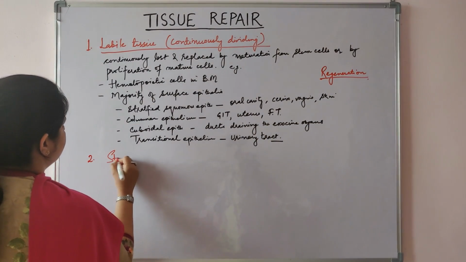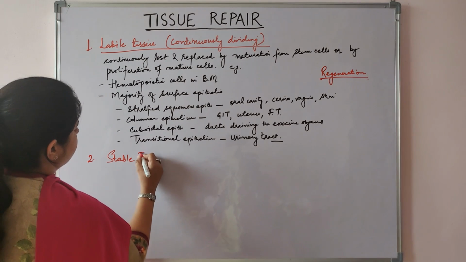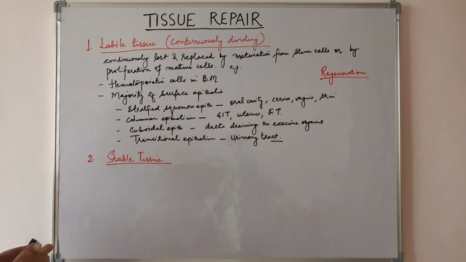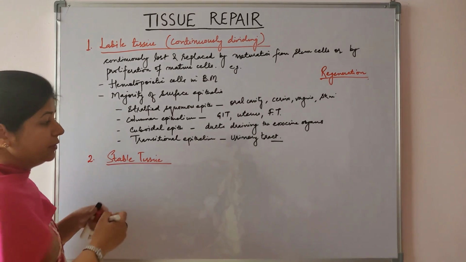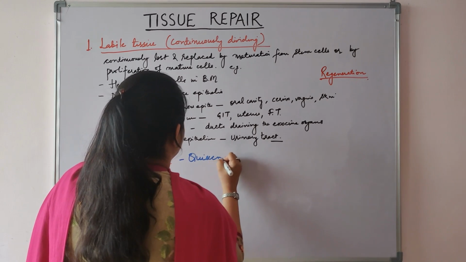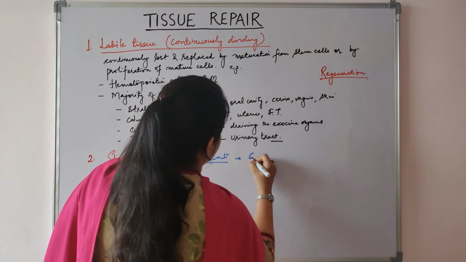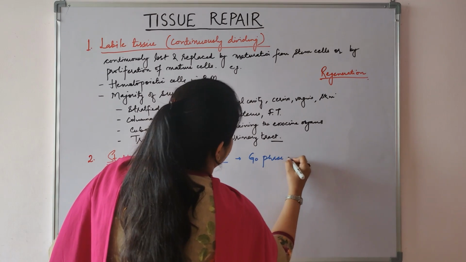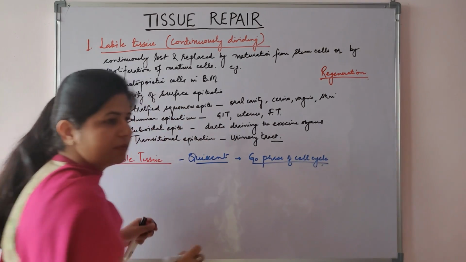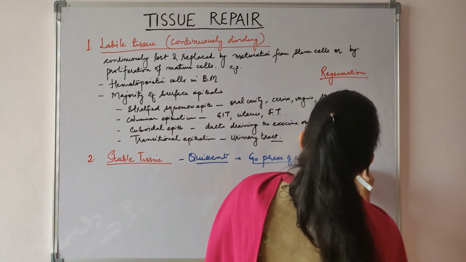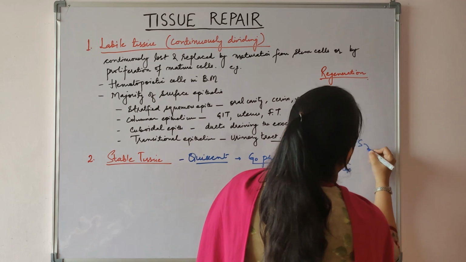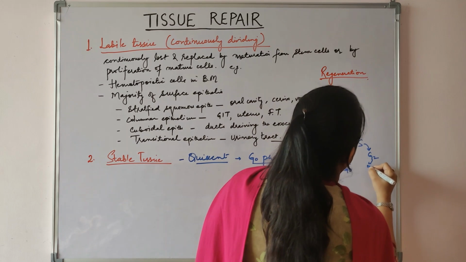Second is the stable tissues. The cells of these tissues are quiescent.